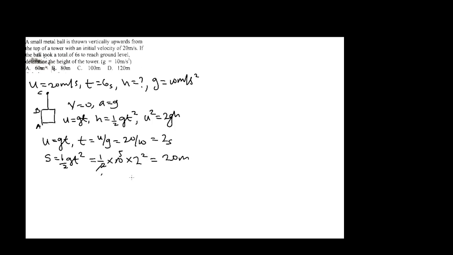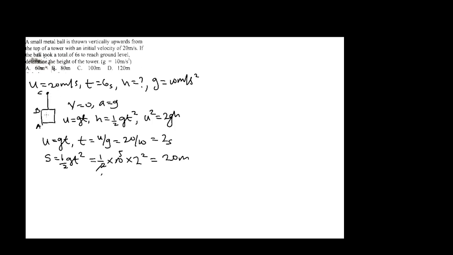Now, the total time from B to C, and also from C to A, is 6 seconds, like we are given in the question. The time that takes the body to move from the top of the platform to the top of the tower is 2 seconds, and then from the top of the tower down to the base of the platform.